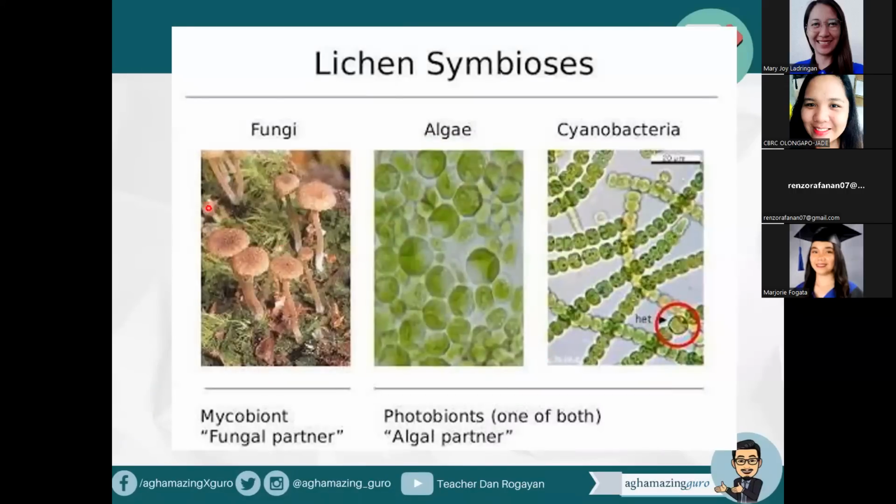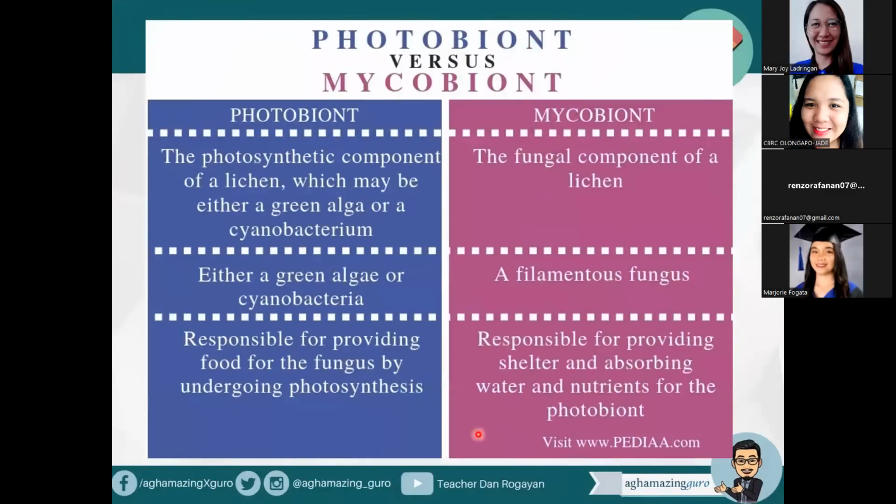Kapag siya fungi, we call it mycobiont or fungal partner. Algae and cyanobacteria, we call the photobionts, the algal partner. So what's the difference between the two? Pag photobiont, the photosynthetic component of a lichen, which may be either a green alga or a cyanobacterium.